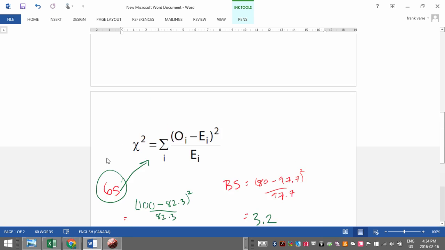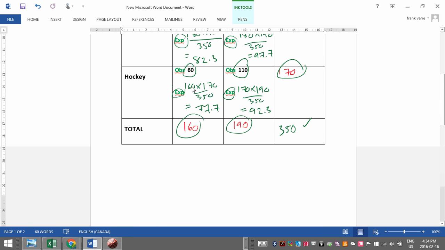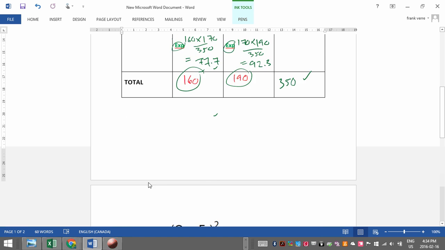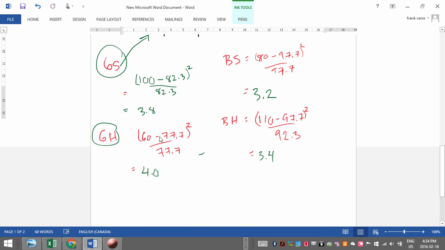So for girls in hockey, the observed was 60. You see it right here. The expected was 77.7. So if we do the chi-squared calculation for just this part, it would be 60 minus 77.7 squared over 77.7. That gives us a value of 4. Here's the one for boys soccer, 3.2, and boys hockey, 3.4.